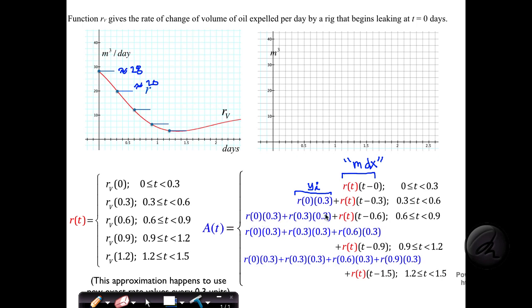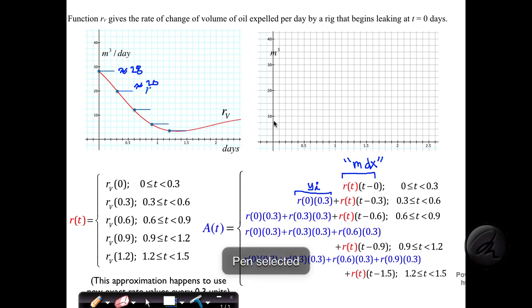It's already spilled, and now we're spilling at a new rate. While time is between 0.6 and 0.9, I'm using this new rate that's somewhere like 1.2. When I'm done going all the way through that interval, once I'm all the way to 0.9, then I've got this extra amount accumulated.